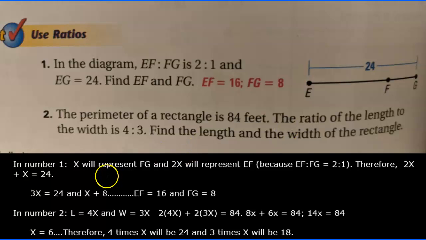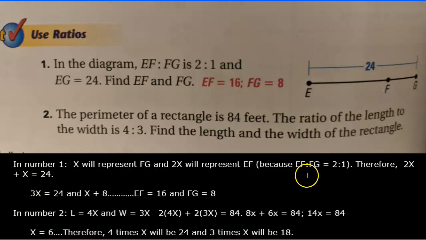So in number 1, it says in the diagram EF to FG is 2 parts to 1 part. EG, the whole thing, equals 24. So what we need to do down here is I'm going to have X represent FG, and 2X represents EF.